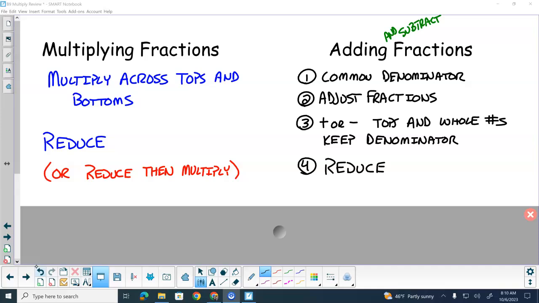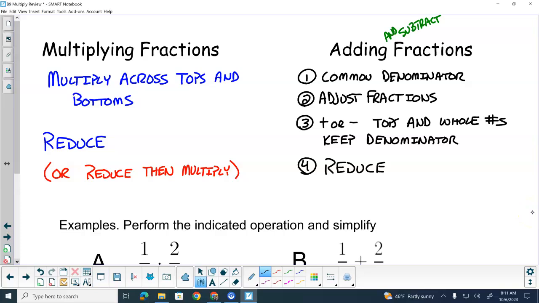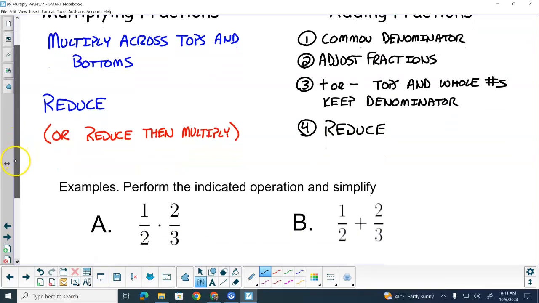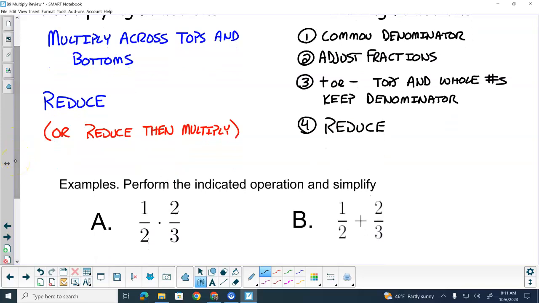So with that being said, I would like you to do these 2 problems. 1/2 times 2/3 and 1/2 plus 2/3. Okay? 1/2 times 2/3, 1/2 plus 2/3.